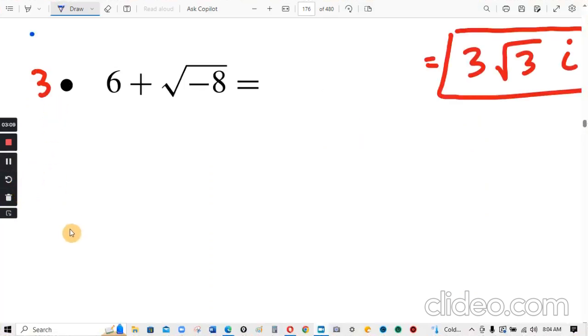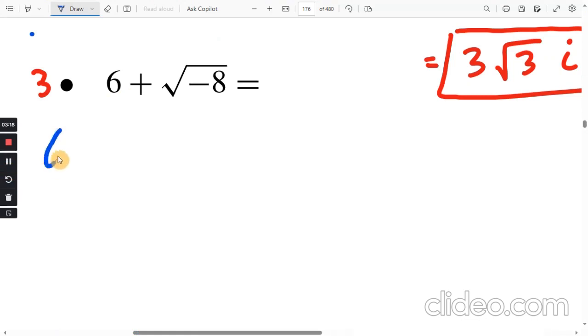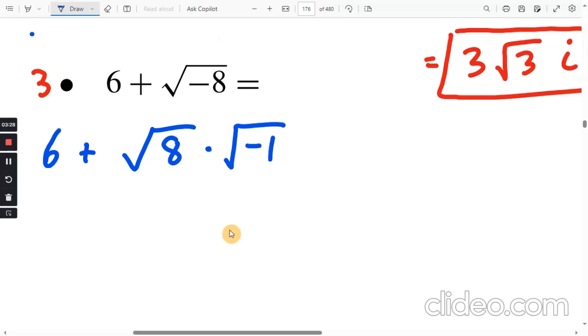All right, see if you can do example 3. We'll start with a 6 plus square root of -8, which is the same as the square root of 8 times the square root of -1. Again, we have a 6. 8 is the same as 4 times 2.